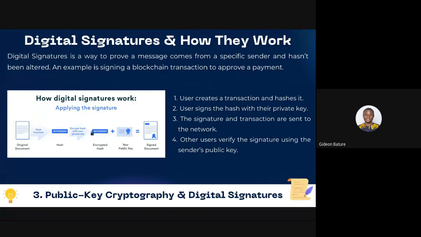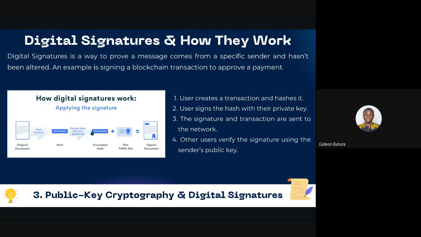You know, a stamp mostly shows that a document is official. Now, official in such a way, it shows that the document is coming from either an organization or a body. So it shows the authenticity of a document. So that's the role digital signature plays, right?